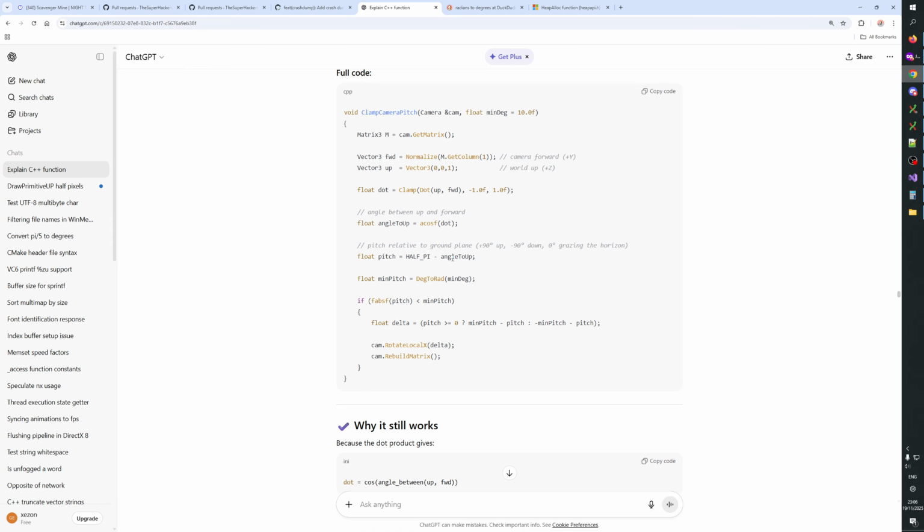Here, half pi minus angle top pitch. Angle top.